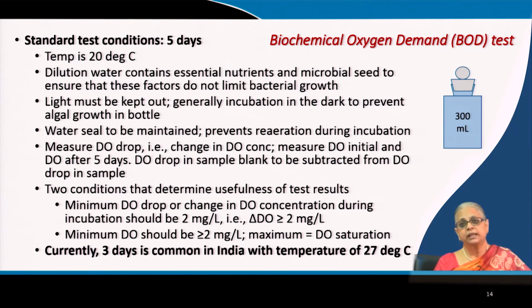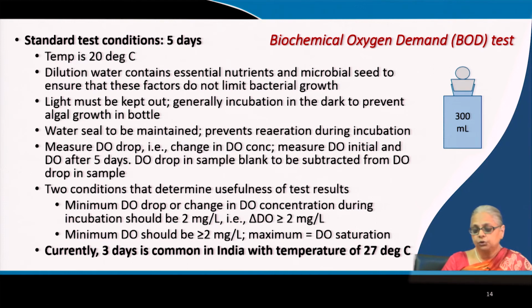Then we come to the next point, and that is how to determine whether the results of this test are useful or not. So there are two thumb rules that are used over here. One is that the delta drop within the 5-day period should exceed or be equal to 2 milligrams per liter.